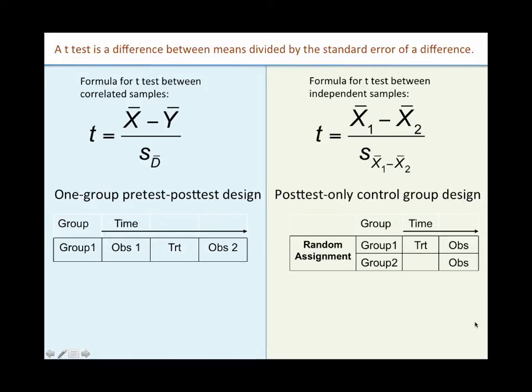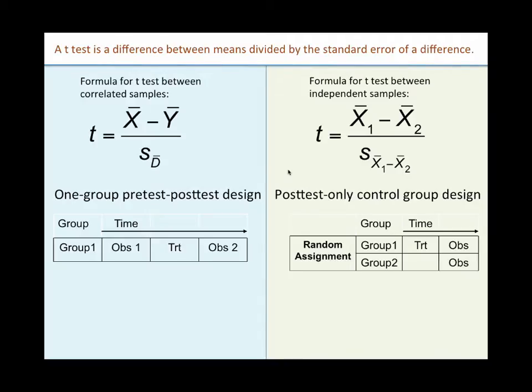So we have two groups. We are then going to give only the experimental group the treatment or activity or training program, whatever it might be. That is group 1. Group 2 is the control group, in that the people in group 2 do not receive the treatment. Then we will give both groups an observation, which we'll call the post-test, and then we will compute the means of the post-test of those two groups, which we will then compare. Recall that the null hypothesis is that there is no difference between the two group means.